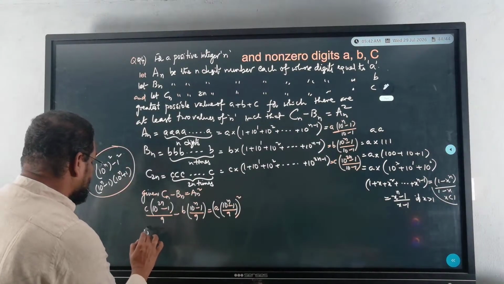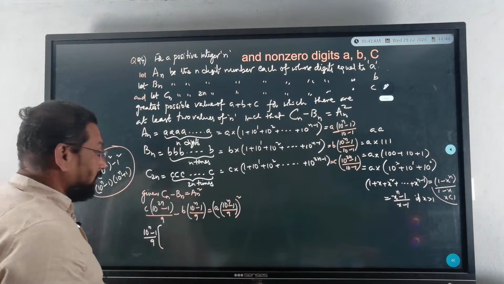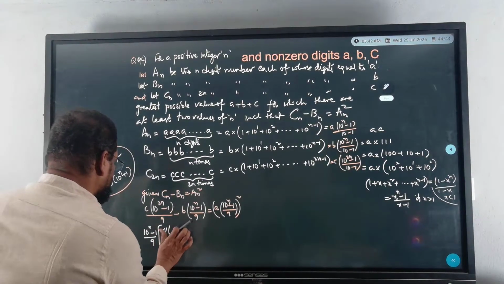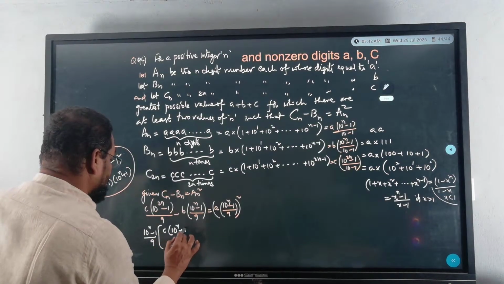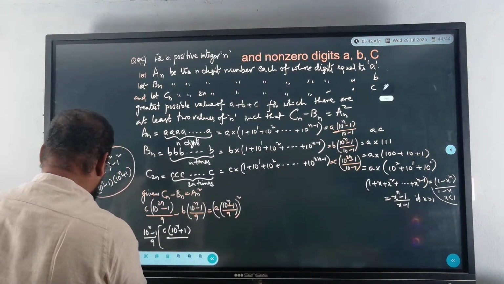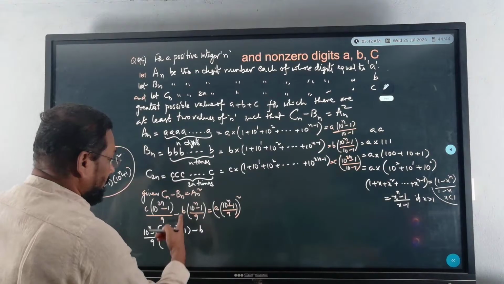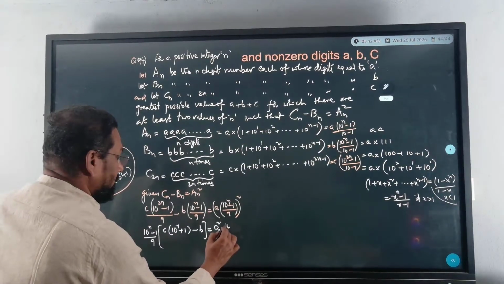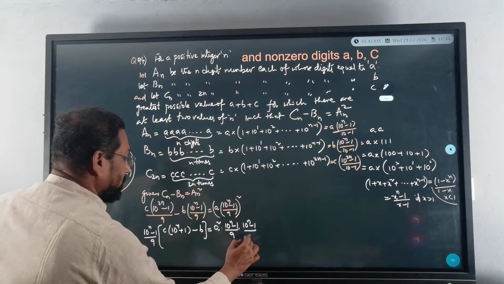So from these, 10 power n minus 1 by 9 is common. Observe here: c into 10 power n plus 1 by 9 as common, minus b, is equal to a square into 10 power n minus 1 by 9 into 10 power n minus 1 by 9.